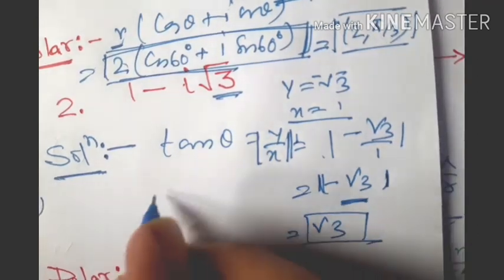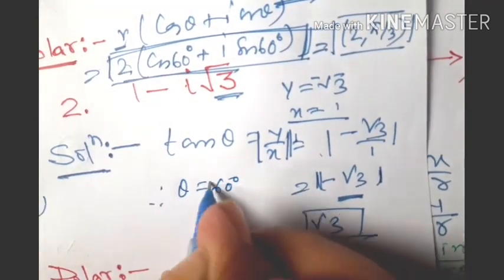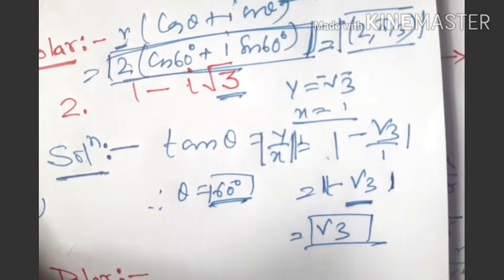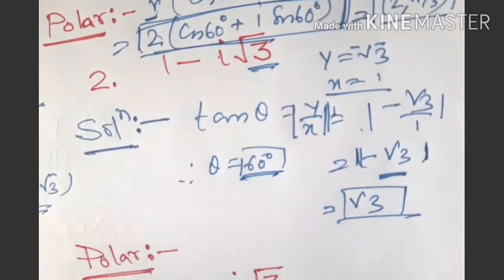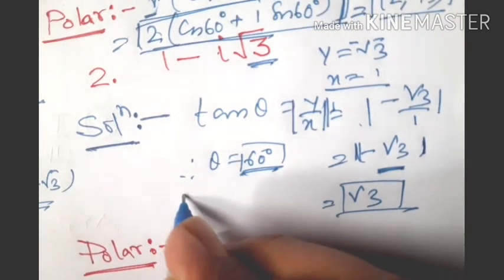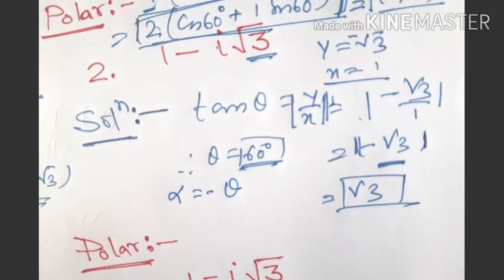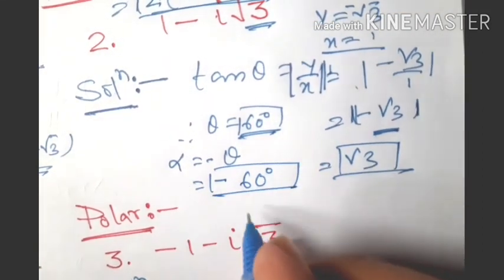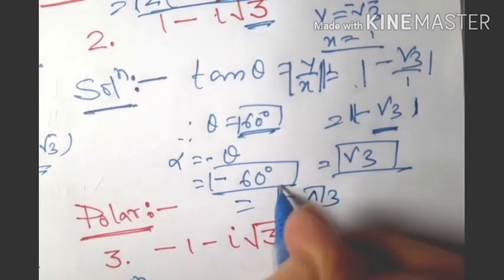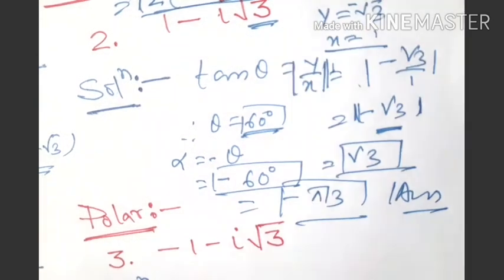So that is root 3. So here you have also got theta equal to 60 degree, but according to the rule, the argument of this quadrant, whatever we get, you have to take as its minus. That means this is minus 60 degree. So minus pi by 3, this is our required argument.